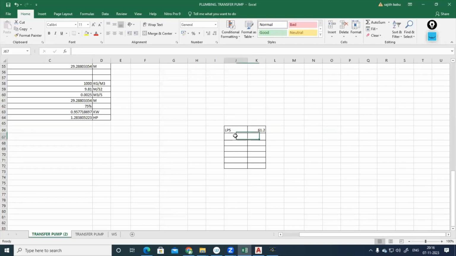So liter per second, you can convert into meter cube per second, means liter per second divided by 1000. Liter per second divided by 1000, we can convert into meter cube per second. Now you can convert that into meter cube per minute. So meter cube per second multiplied by 60, we can convert that into meter cube per minute.